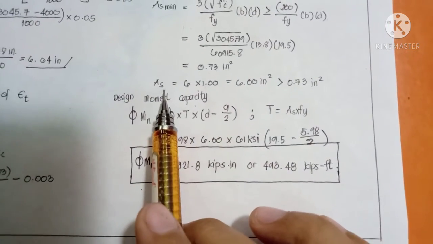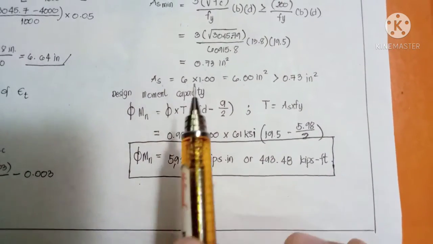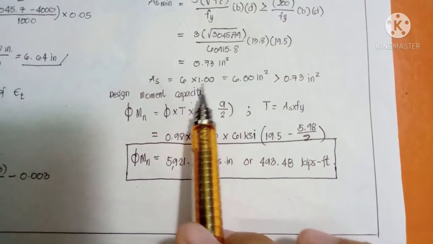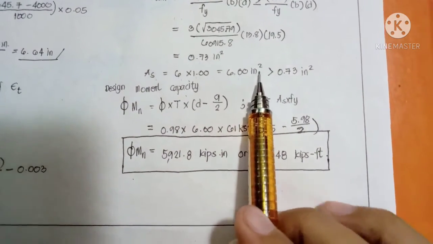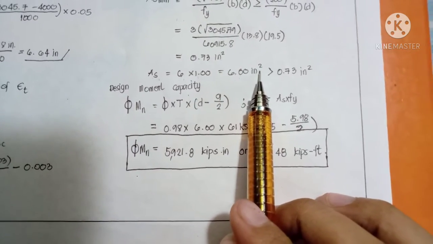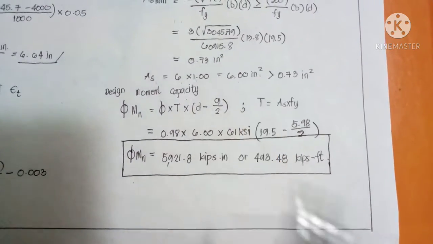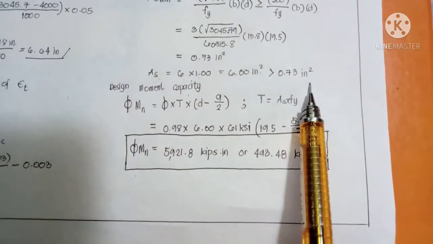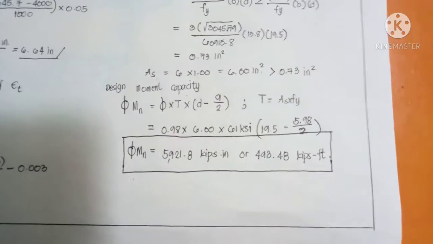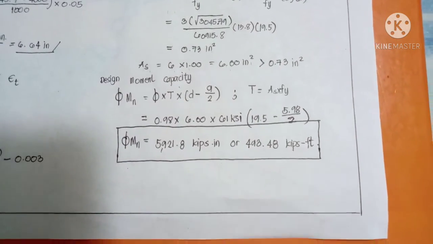So we have As equal to 6 times 1, which is equal to 6 inches squared, which is greater than 0.73 inches squared. Therefore, we satisfy the minimum requirement of steel.